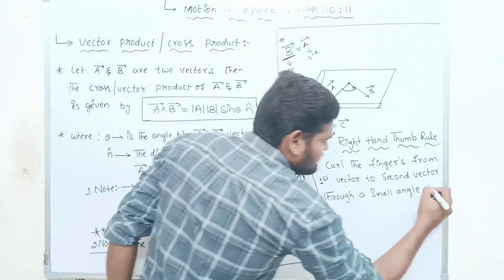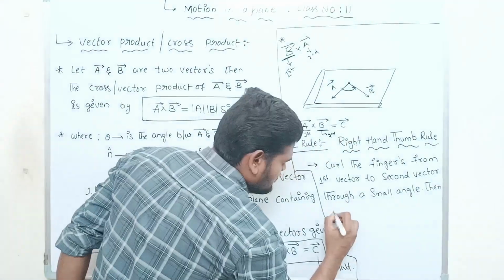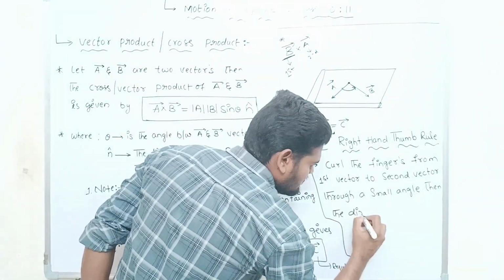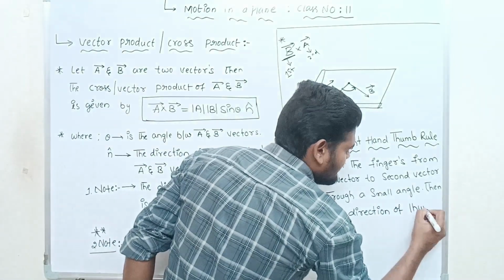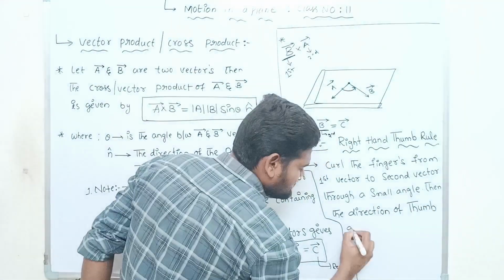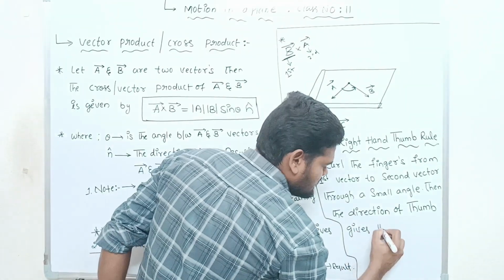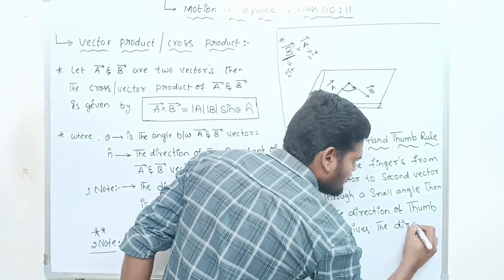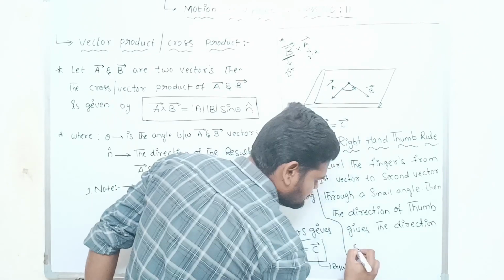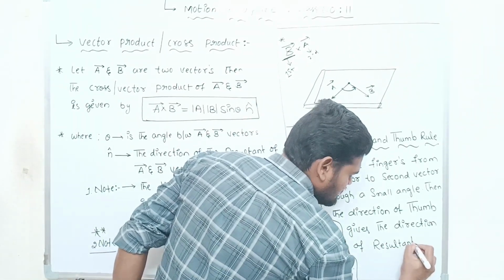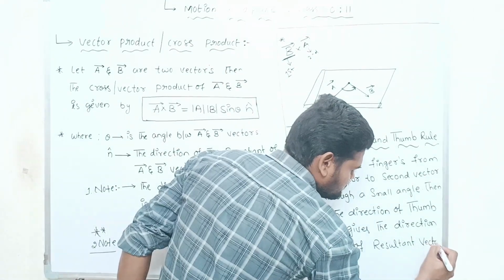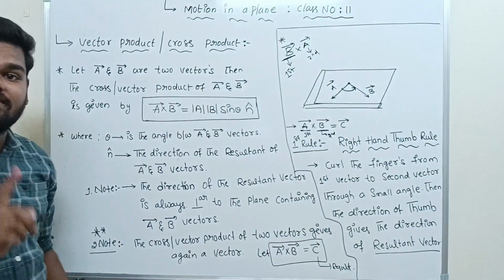Then the direction of the thumb gives the direction of the resultant vector. Are you getting it?